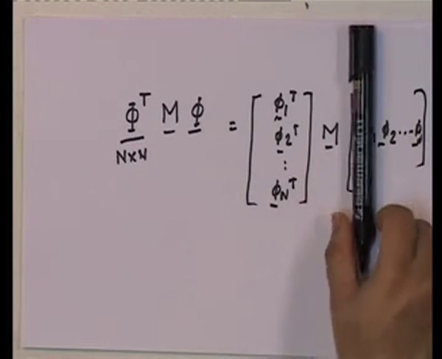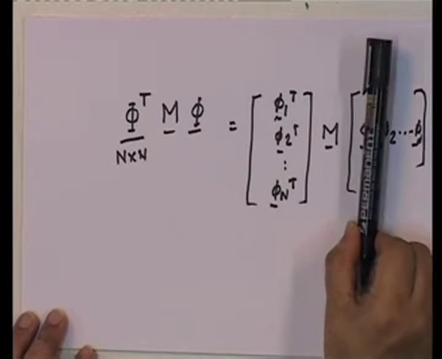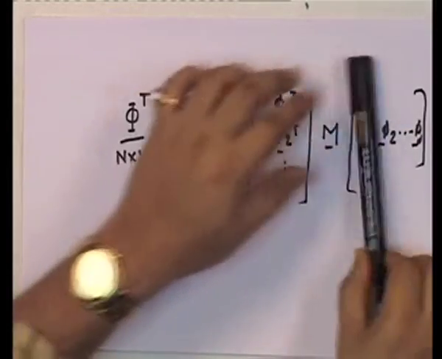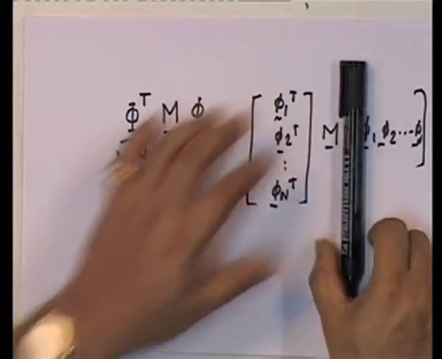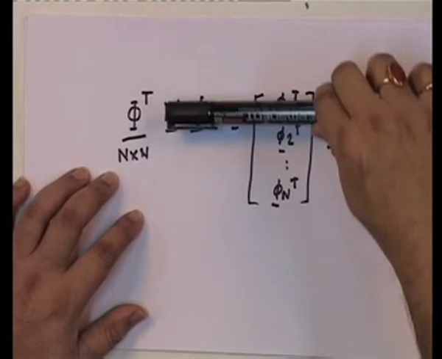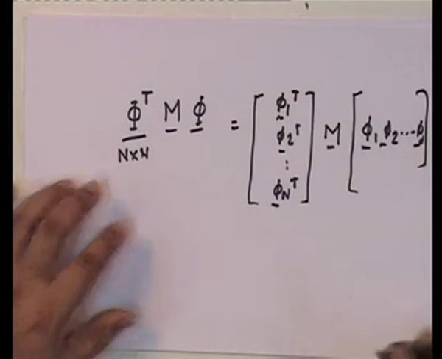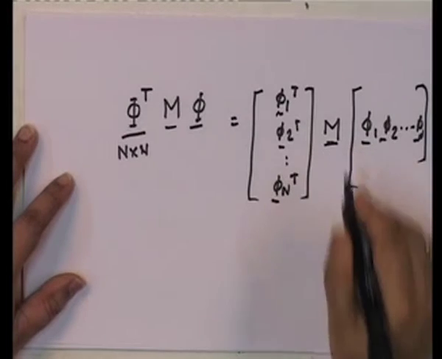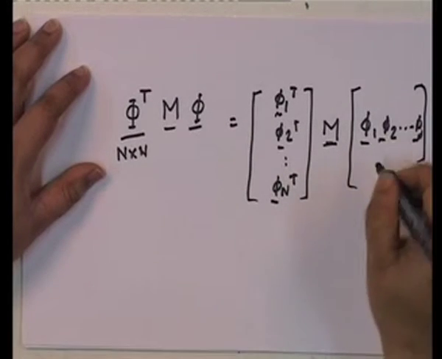So, every column over here is a mode shape vector, and every row over here is a transpose of the mode shape vector.